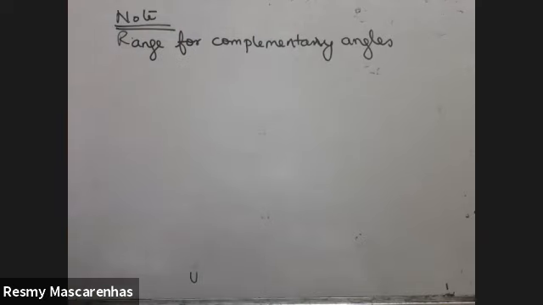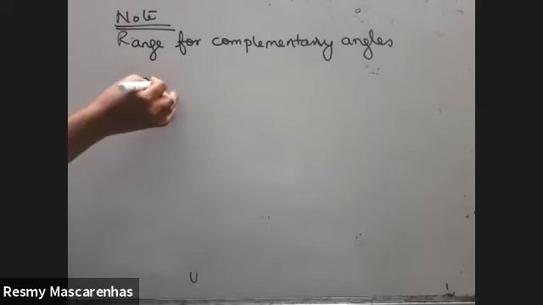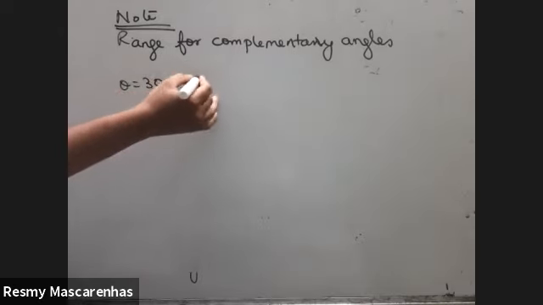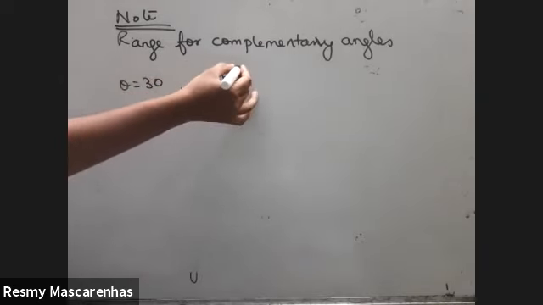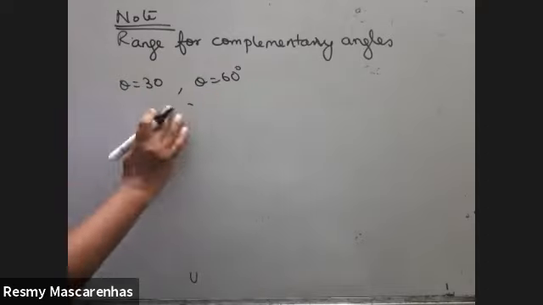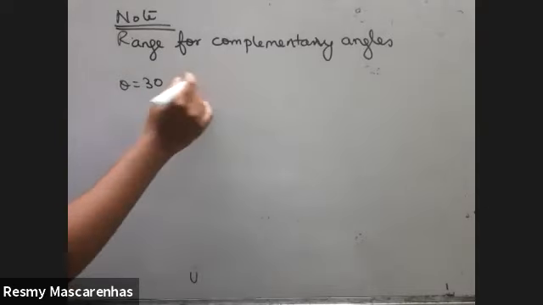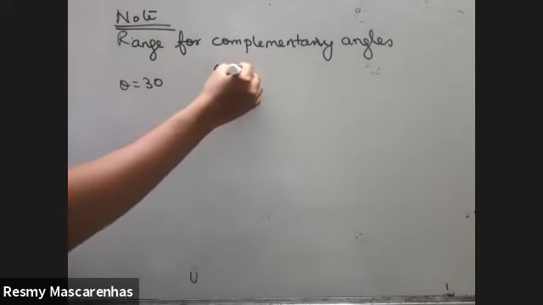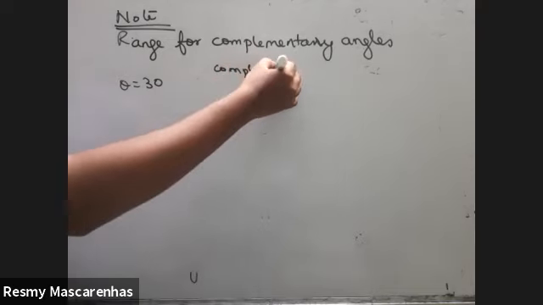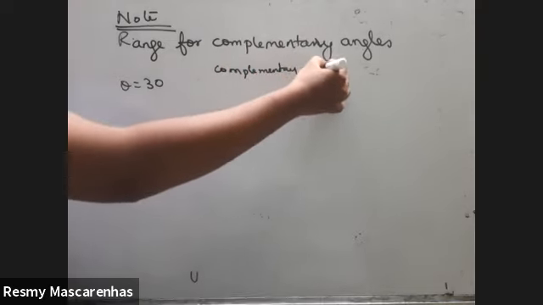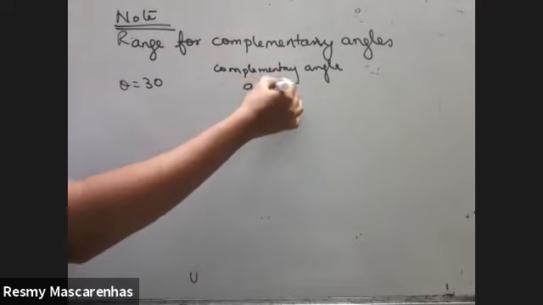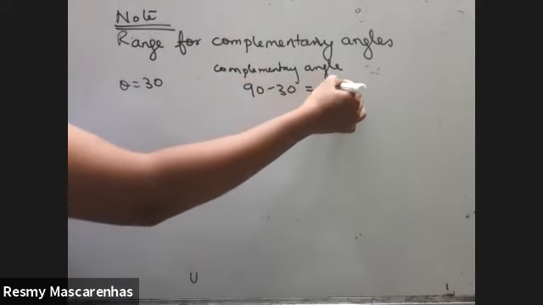Complementary angles means they are always 90 degrees apart from each other. Means if theta is 30 and the other is 60, if you add both of them, it will give you 90 degree. The other one's complementary angle will be 90 minus 30, which is 60.